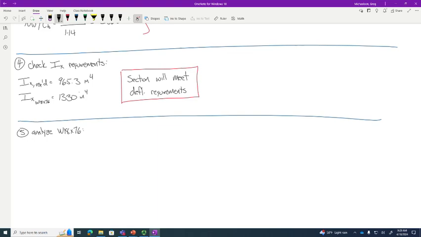So let's analyze the W18 by 76. How heavy is a W18 by 76? 76 pounds per foot. What did we assume was the self-weight? 100.